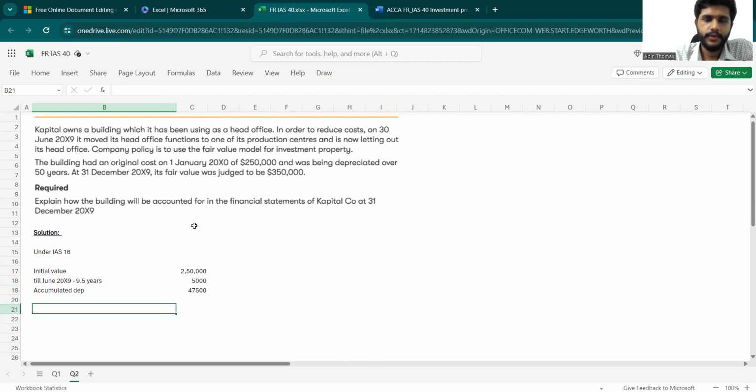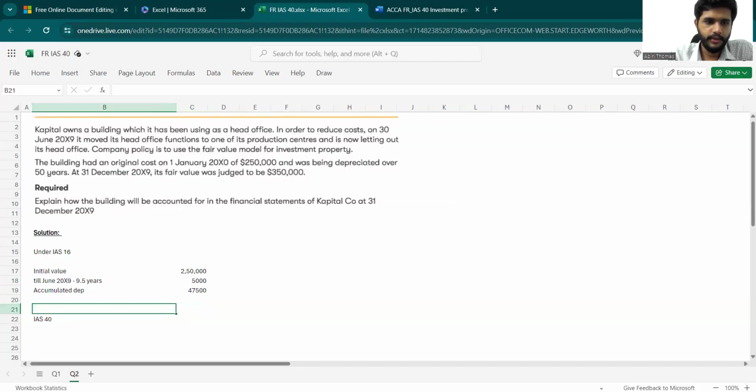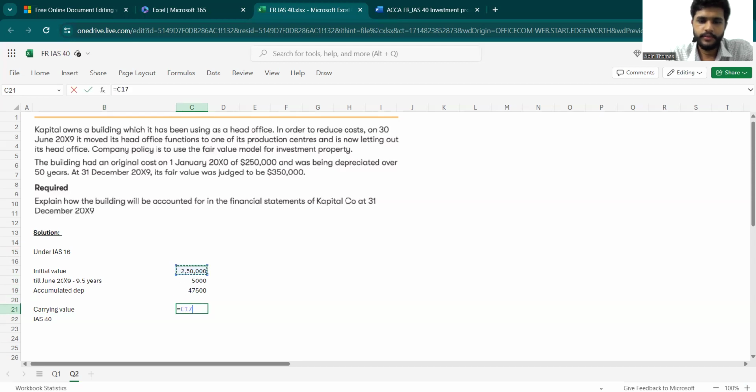After June 20X9, what happened? There is a transfer, a change of use, to IAS 40. So let's also determine the carrying value under IAS 16. How much will be the carrying value? The initial value minus the accumulated depreciation.